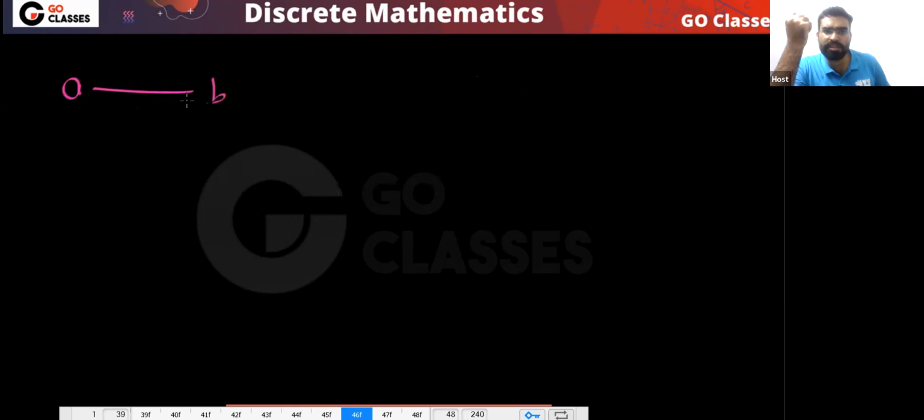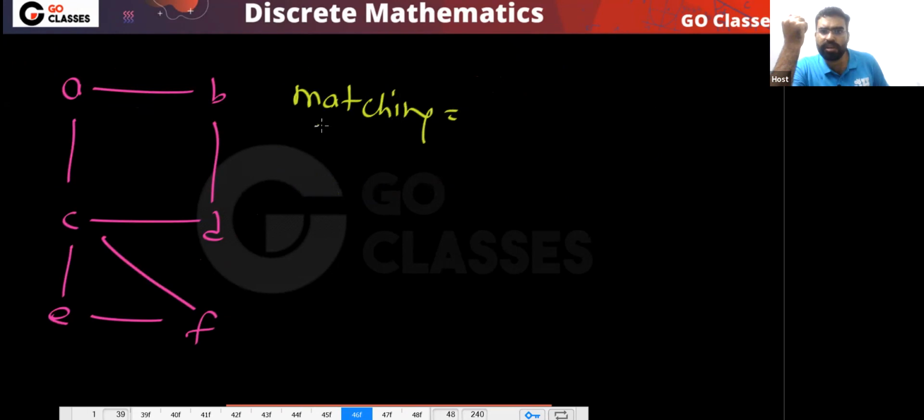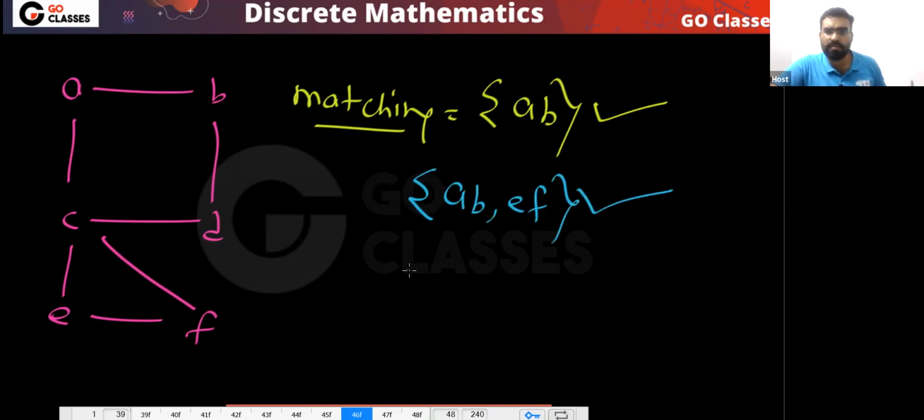For example, if you take this A, B, C, D, E, F, any matching you take, for example, this is a matching, right? Yes or no? This is a matching. Similarly, AB comma EF is also a matching. For example, CD is also a matching.